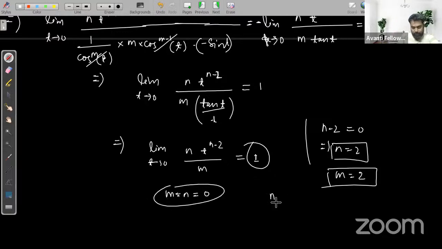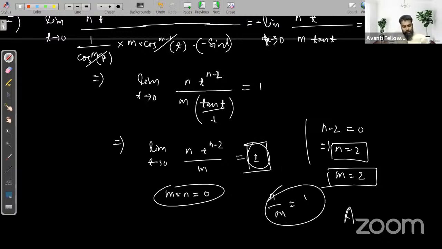So n upon m is equal to 1. We are getting n divided by m as 1, right? So this is our answer. Okay, if it is clear to all, let's move to the next question.